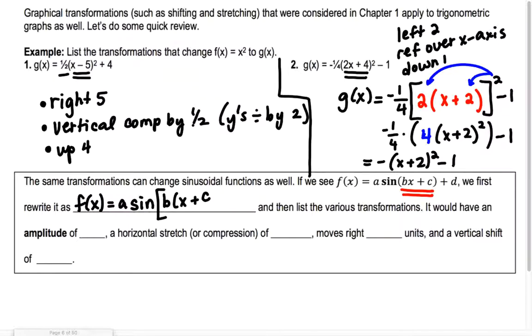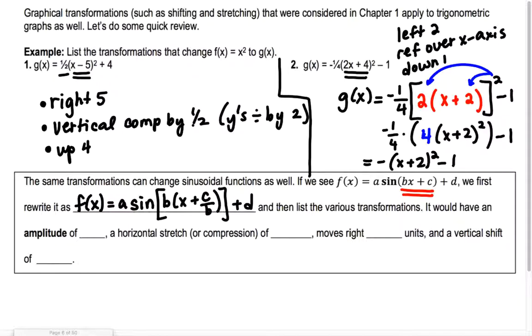Close, not c. C divided by b. And then plus d. Do you guys see it? So if we multiplied this b back in, see how we have bx plus c, like we wanted.